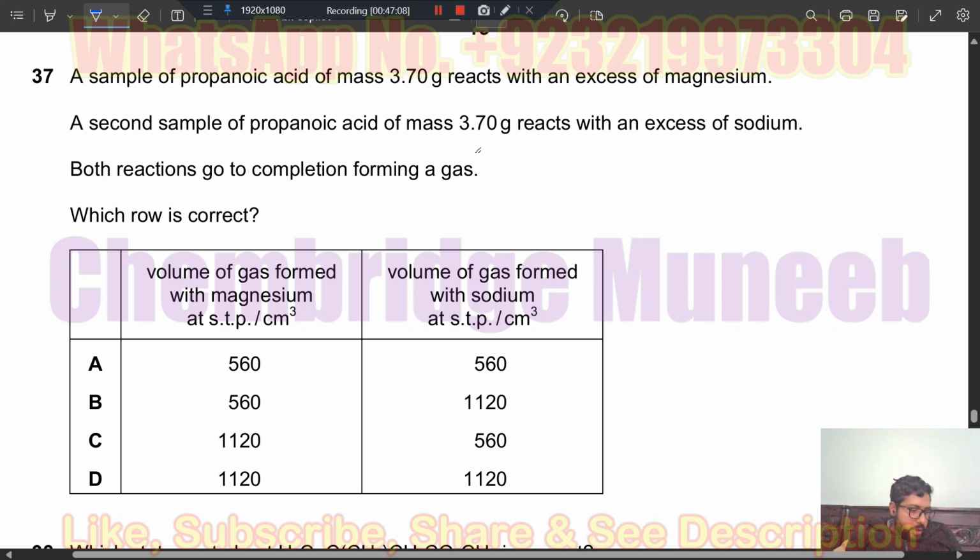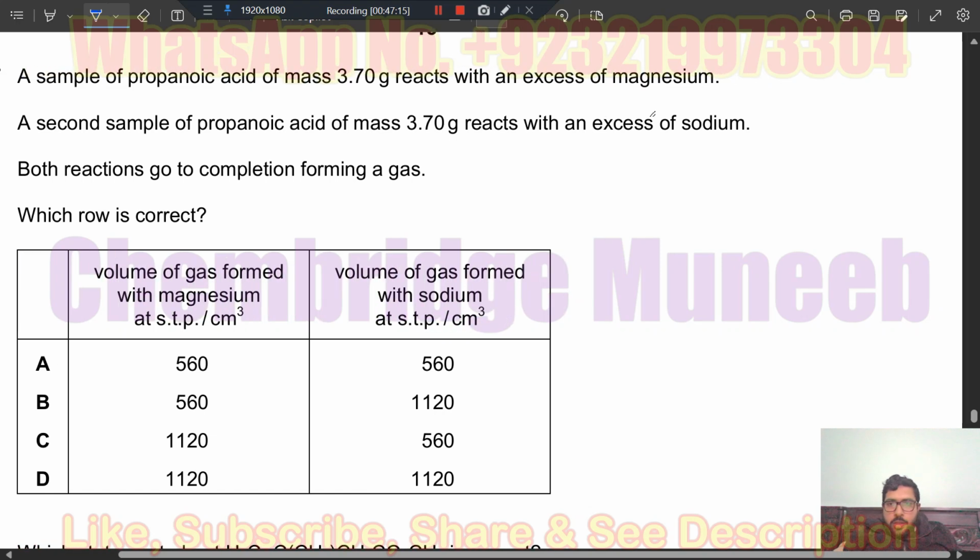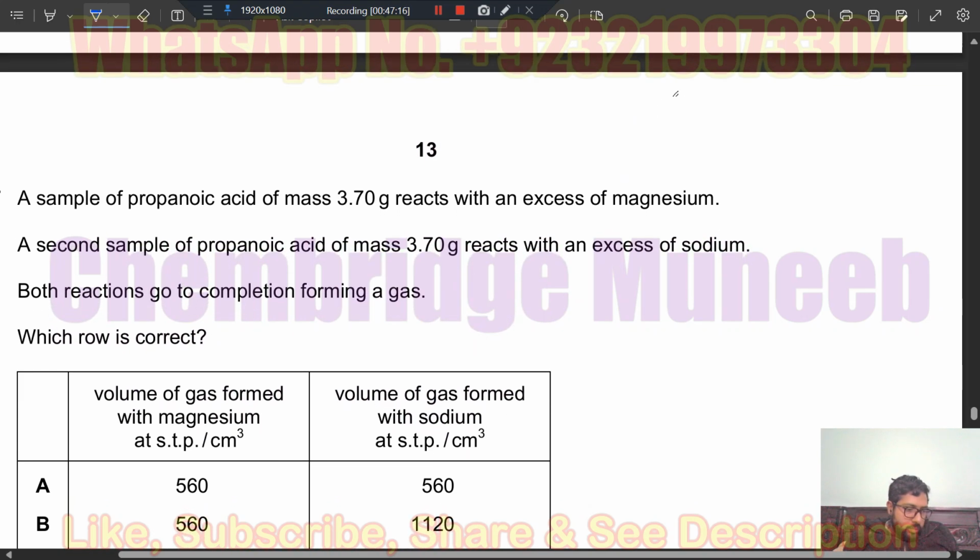First of all, I will construct the equation of the propanoic acid with magnesium, because it shows this reaction first. So propanoic acid is basically a carboxylic acid with 3 carbon atoms, so it is written as CH3CH2COOH.